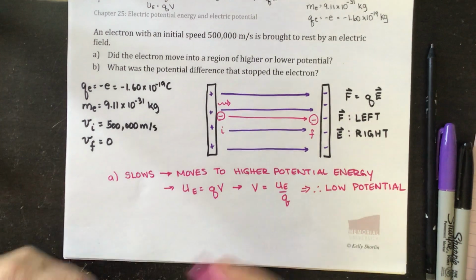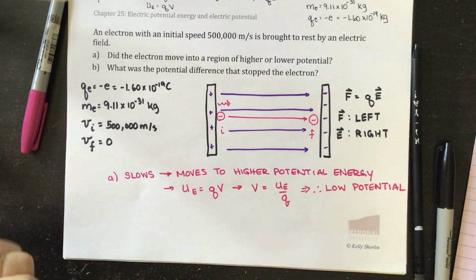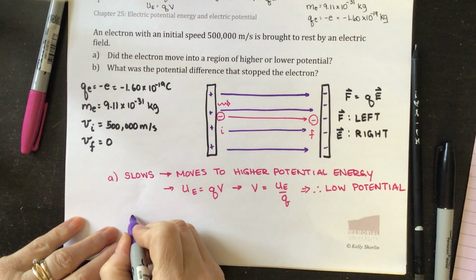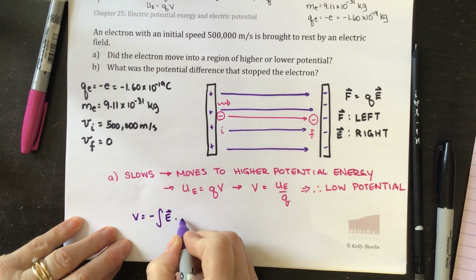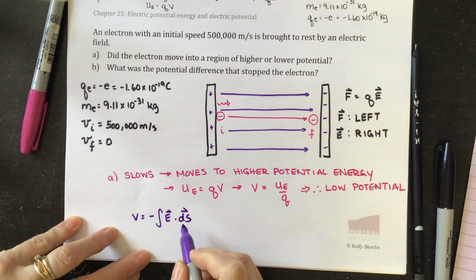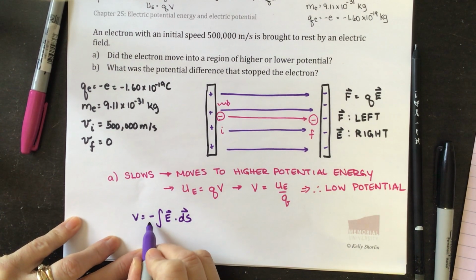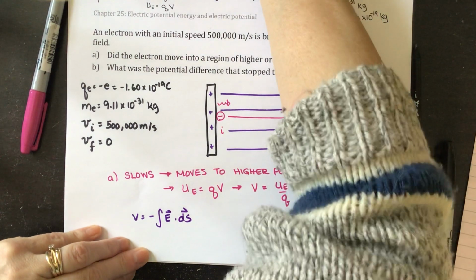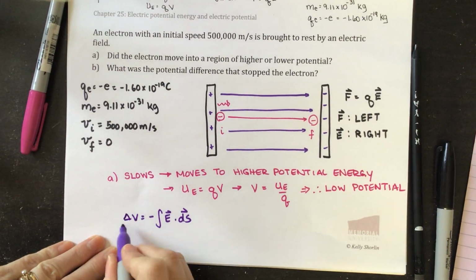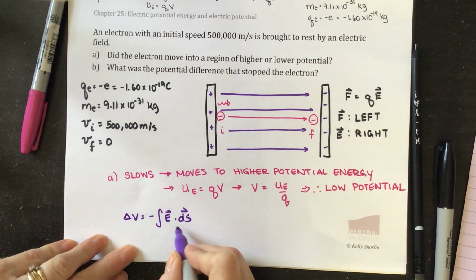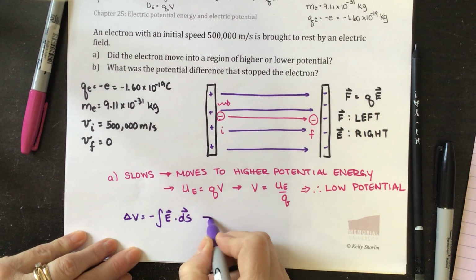So we know that our electric potential is minus the integral of E dot ds. Because there's a negative sign right here, that tells us that electric field points towards lower potential. So delta V is minus the integral of E dot ds.